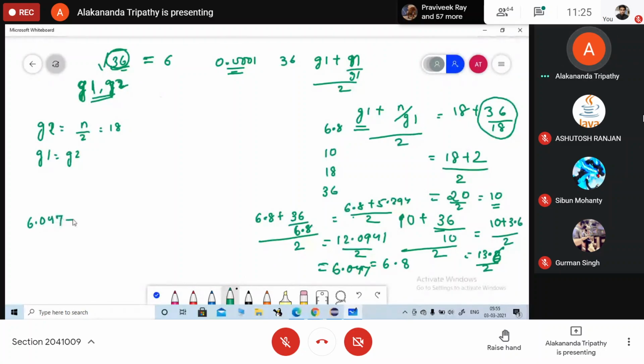6.047 plus n divided by 6.047 divided by 2. Here my n value is 36. बोलो कितना आएगा? 36.